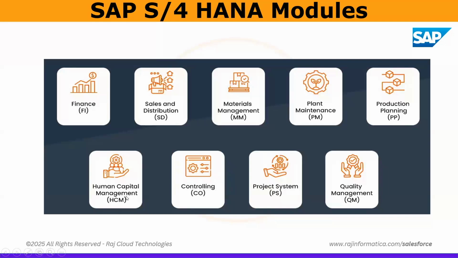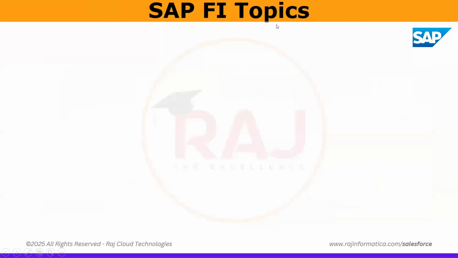HCM usually deals with human resources, or the HR module. Controlling, the costing department, usually uses it. Project system, PS, is usually used by all the departments so that you can track project-related activity. And then QM, quality management. So all of these are different modules available in SAP S4 HANA.